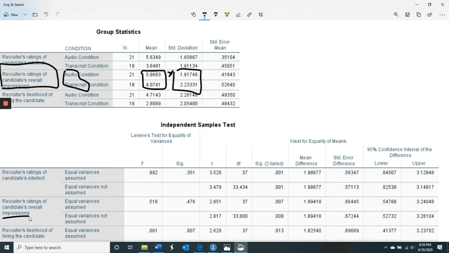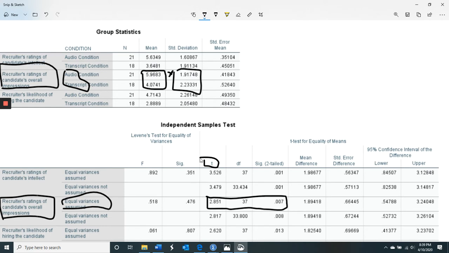And so again, we're here with the second test, overall impression. And we stick here again. Equal variances assumed. We'll just keep it easy. We have the t, degrees of freedom, and the two-tailed sig. So we're going to look at this sig.